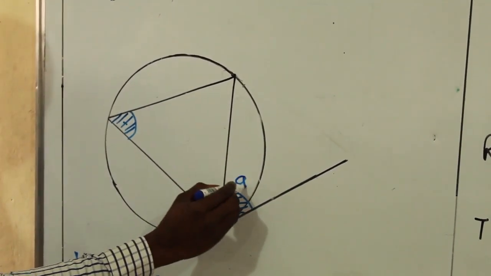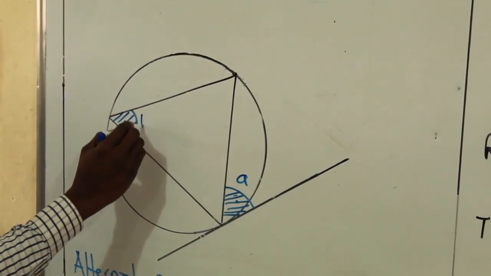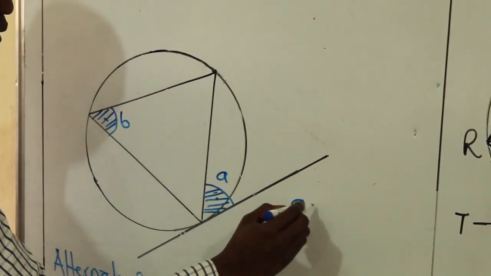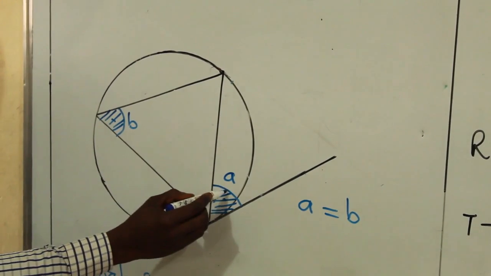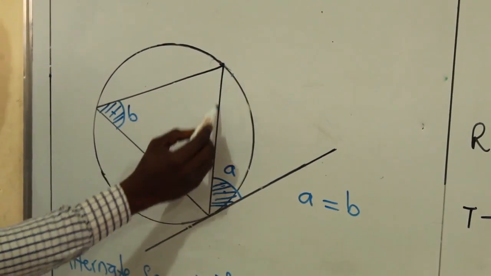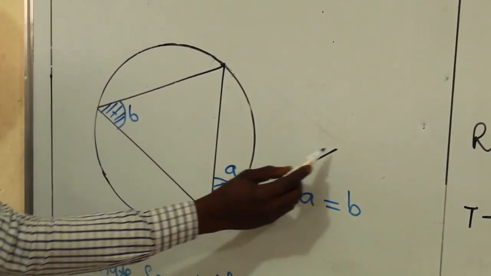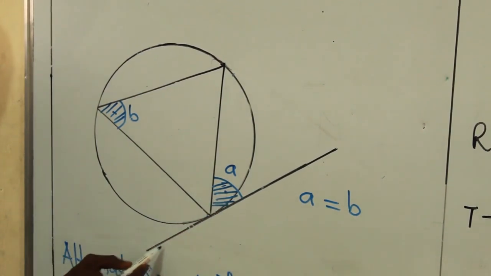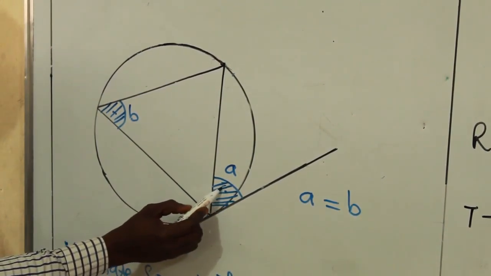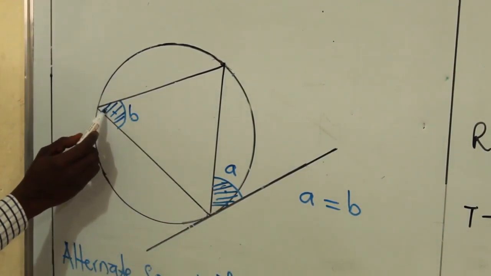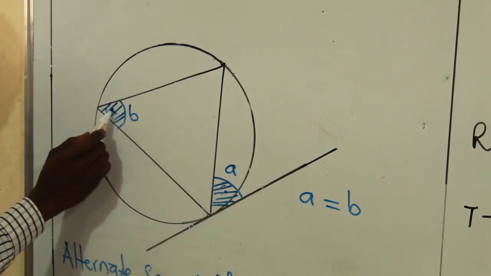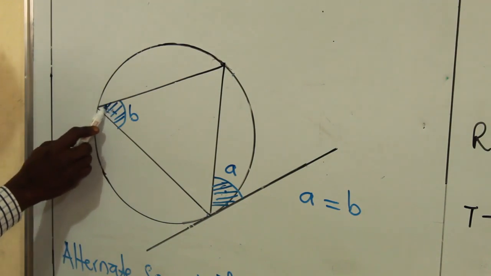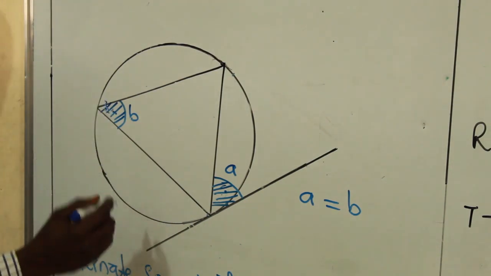So if this angle is A and this angle is B, then A is equal to B. I take that again. An angle formed by a chord and the point of contact to a tangent is equal to the opposite interior angle. And these two angles are said to be equal and they are in alternate segments.